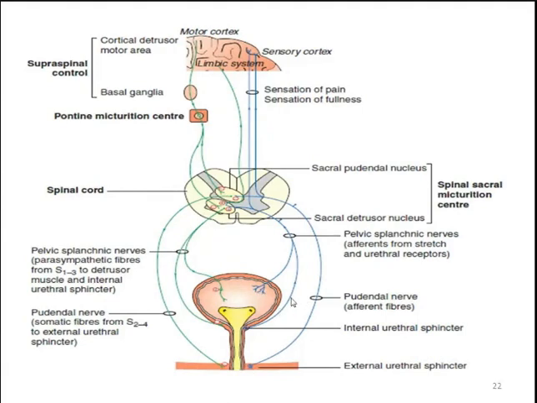You can see here the internal sphincter; the internal sphincter will be relaxed, and when it is relaxed, the urine will be voided. So this is the afferent limb, this is the micturition center, and this is the efferent limb.